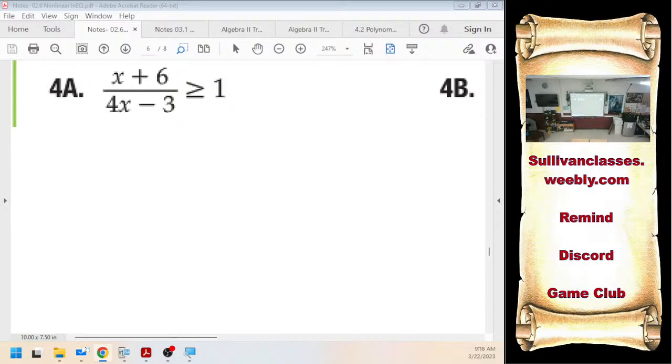Remember, move the 1 to the other side. Common denominators first.